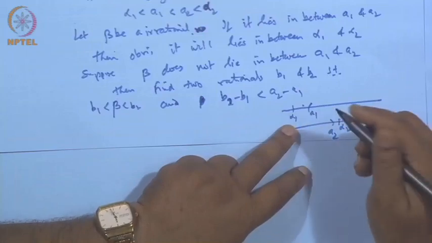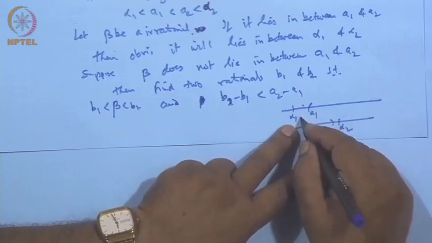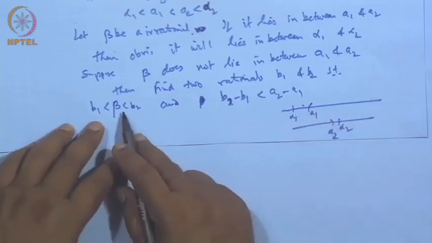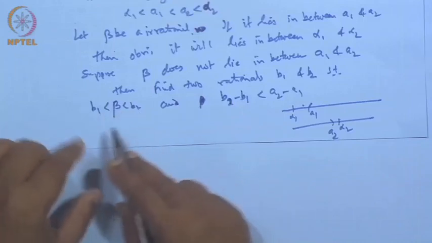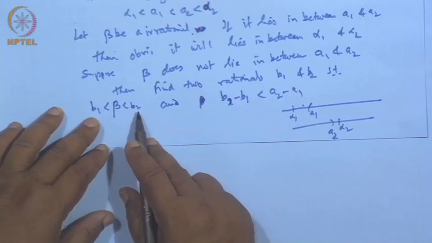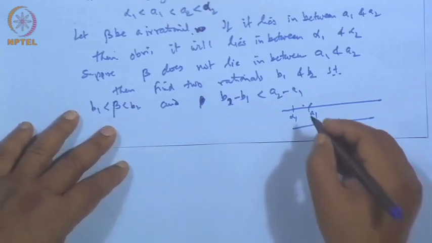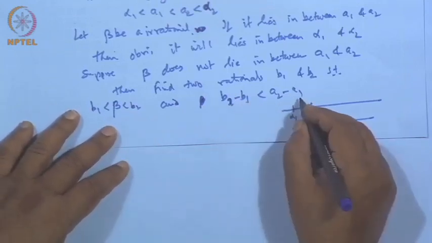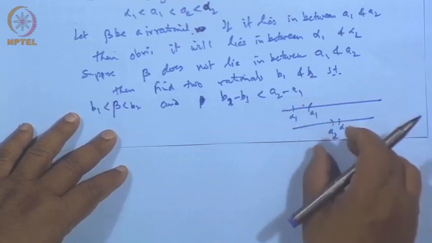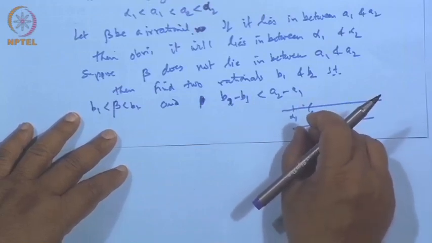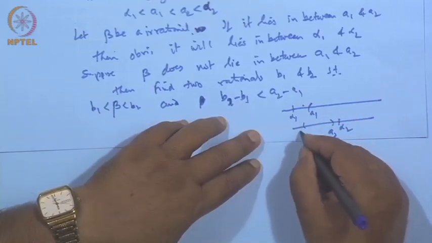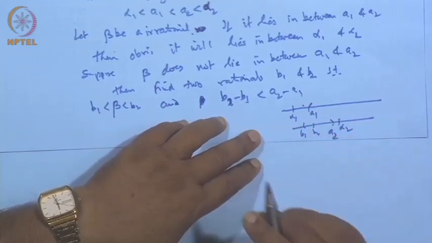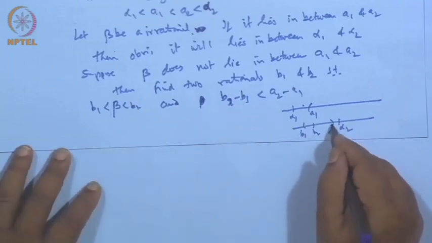If it does not lie there, it will lie outside. Corresponding to this beta, we can identify the rational numbers b 1 and b 2 such that beta lies within b 1 and b 2, but the difference b 2 minus b 1 is less than a 2 minus a 1.